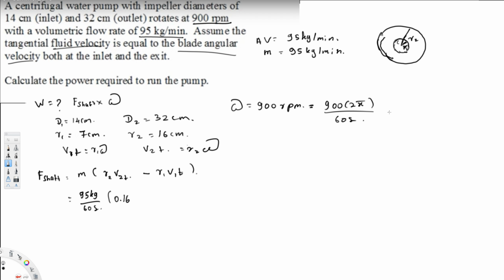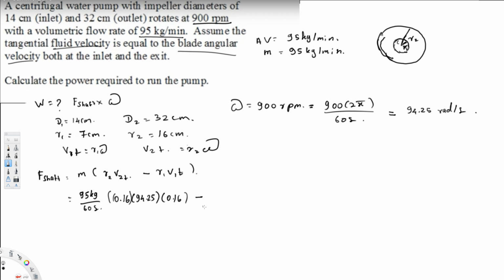That is going to give us 94.25 radians per second. So we have the omega. Instead of V2t, I plug in R2 omega: 94.25 times R2, 0.16. So this is our first term, R2 V2t.